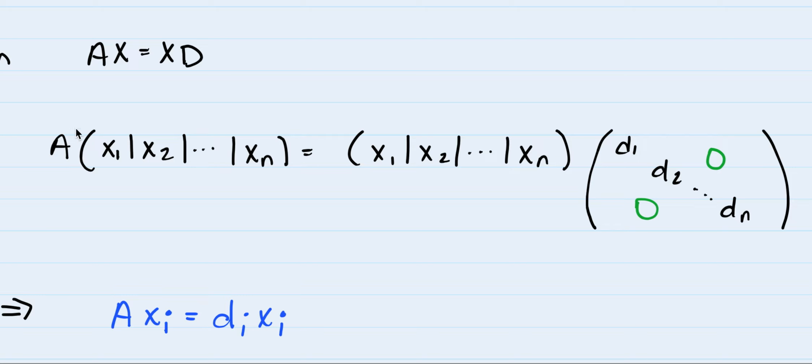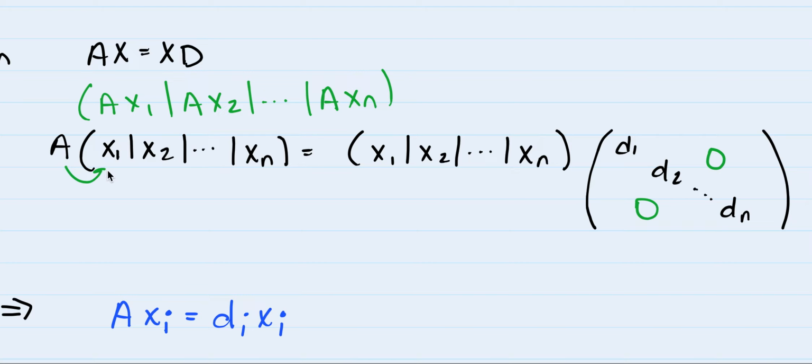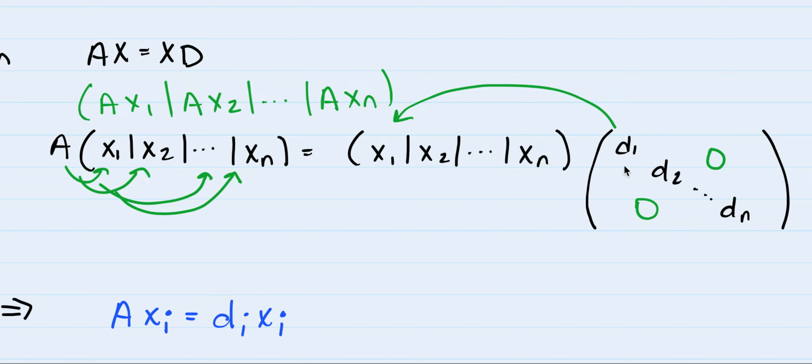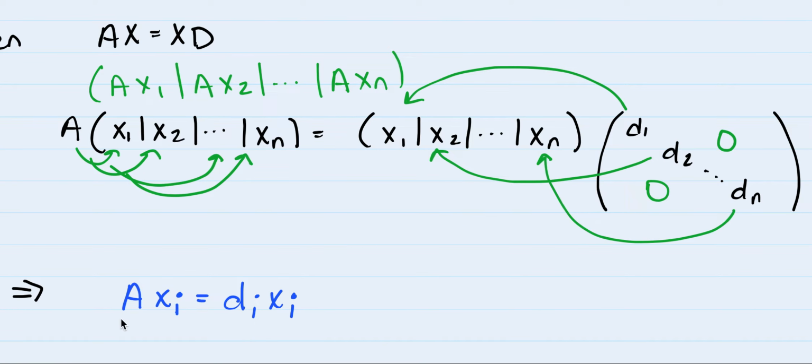You can see that we can distribute this A into this matrix, and that's the same as distributing these D's into this matrix. And we get that A times Xi is equal to Di Xi.